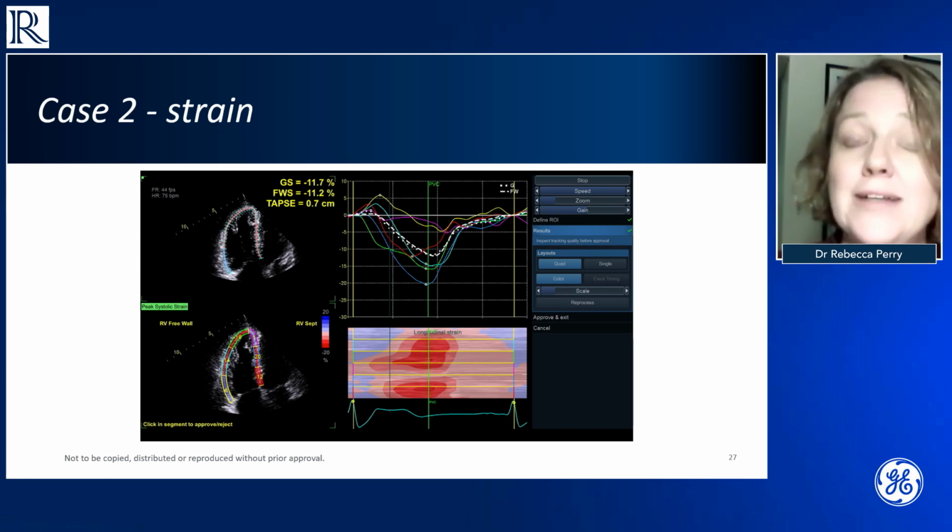So for congenital heart disease patients, it's actually an excellent tool to use for tracking. So we use each patient as their own baseline, and then we track the changes with each echo study. So rather than tracking things like fractional area change, which has a lower reproducibility, or TAPSE, we're actually using a better tool for these patients.